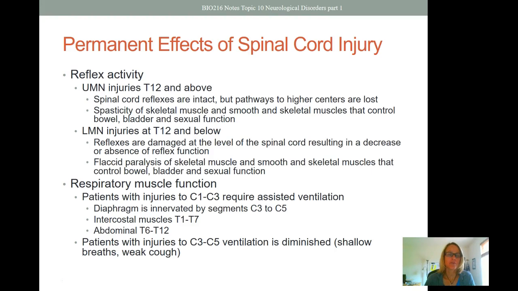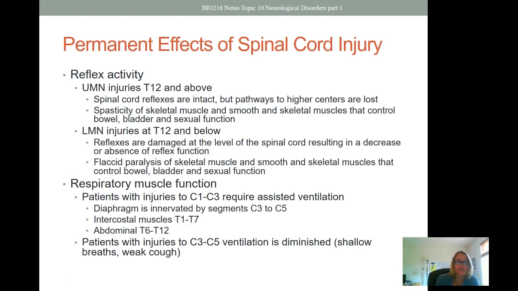Damage to the upper motor neurons allows the spinal cord reflexes to be intact, but the pathway to the higher center is lost. So this is going to result in spasticity of skeletal muscle and of the smooth and skeletal muscles that control the bowel, bladder, and sexual function.